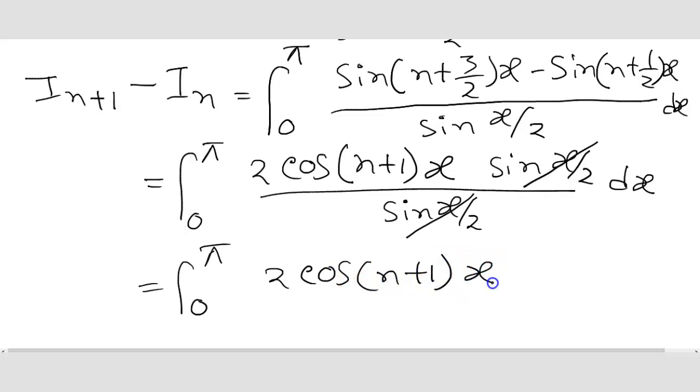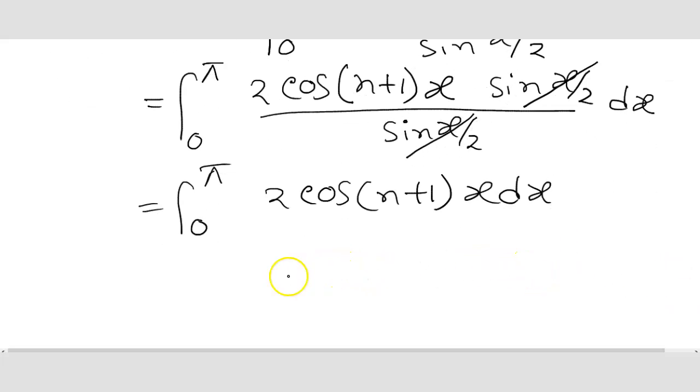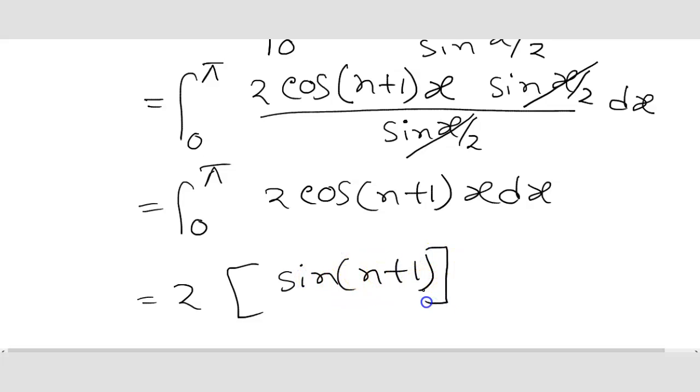So what will be the value of this integration? I hope you can see this. Yeah, this value will be 0. See, if we integrate cos((n + 1)x), it will simply result in sin((n + 1)x) divided by (n + 1).